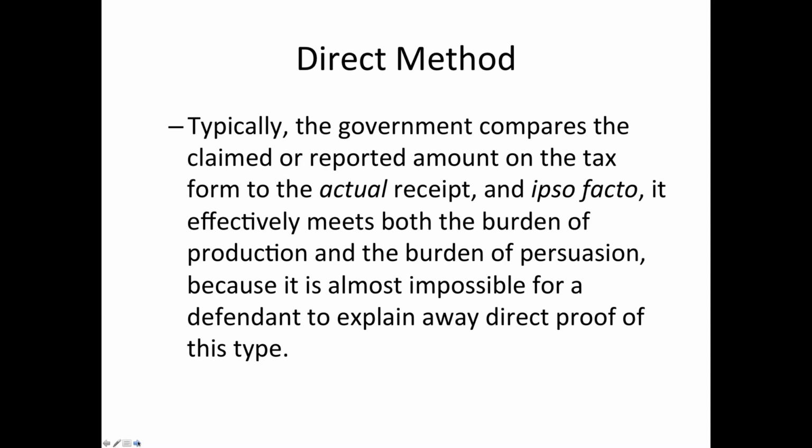And then they can, one by one, taking their time and being very deliberate about it, show all of the receipts and add up all the receipts, and then show that figure on a large projector in the federal courtroom and compare it to the amount that was self-reported on the 1040 return by the taxpayer. That is so compelling that it's very difficult for the defense to rebut and to explain away this direct proof.